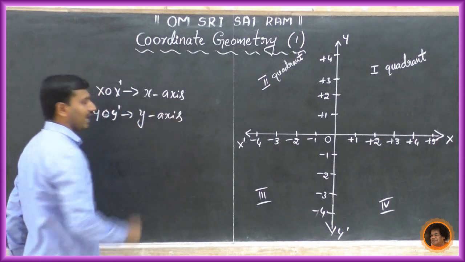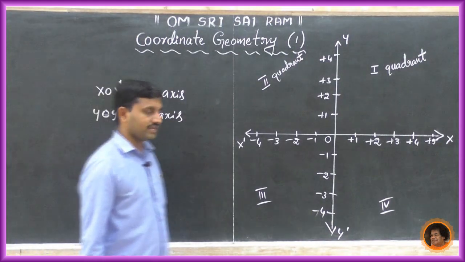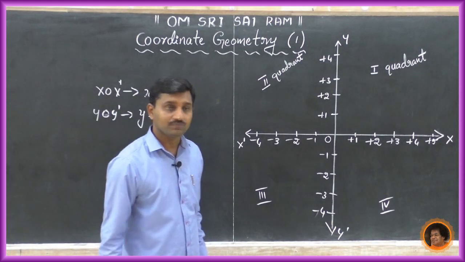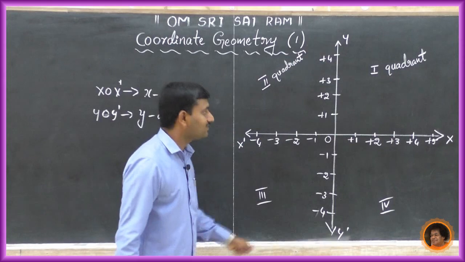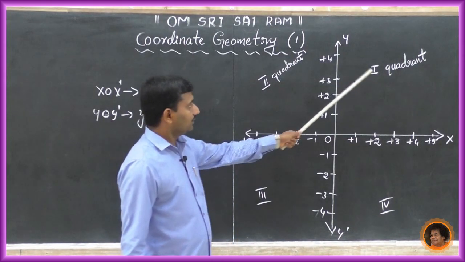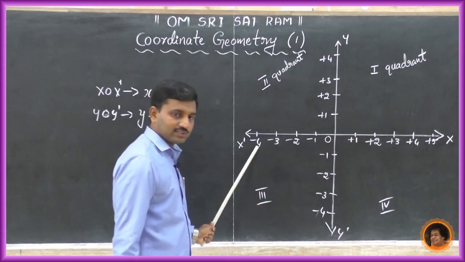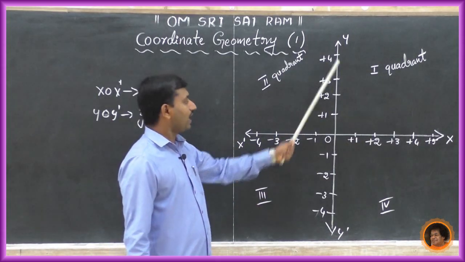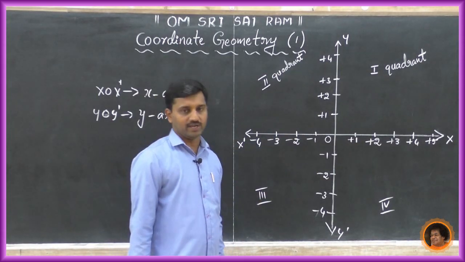So these are the two axes, x axis and y axis. So what are coordinate axes? The two perpendicular lines are known as the coordinate axes. Now x, O, x dash is known as the x axis and y, O, y dash is known as the y axis.